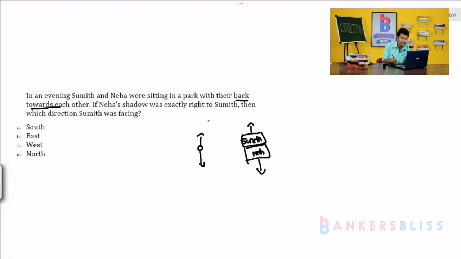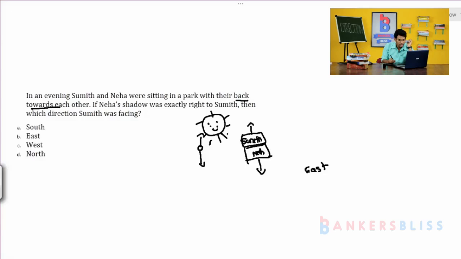In the evening it is nothing but sunset. Sunset. Then look at here. The sunset shadow will be on the east. Then Neha's shadow is exactly to the right of Sumit.